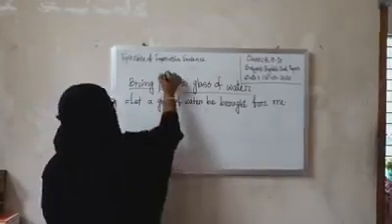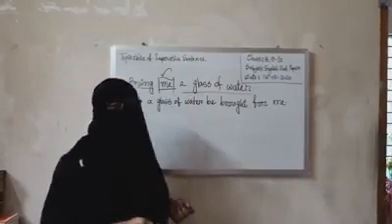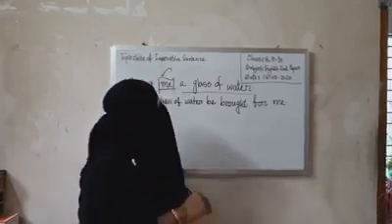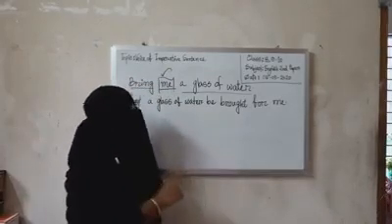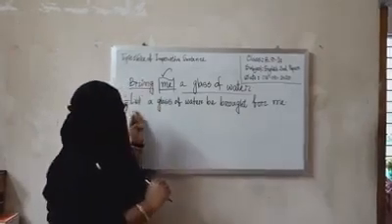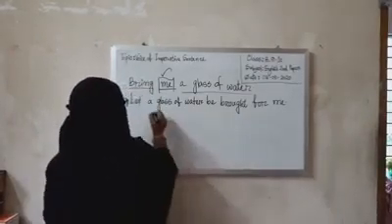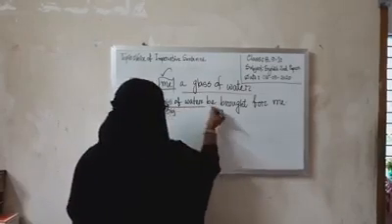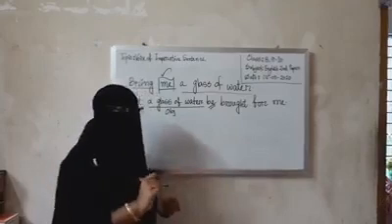Whenever we find personal objects in any imperative sentence, we have to change the sentence in a different way. Firstly, we have to use let. Then we have to use the object of the sentence. Then, as a rule, we have to use be.